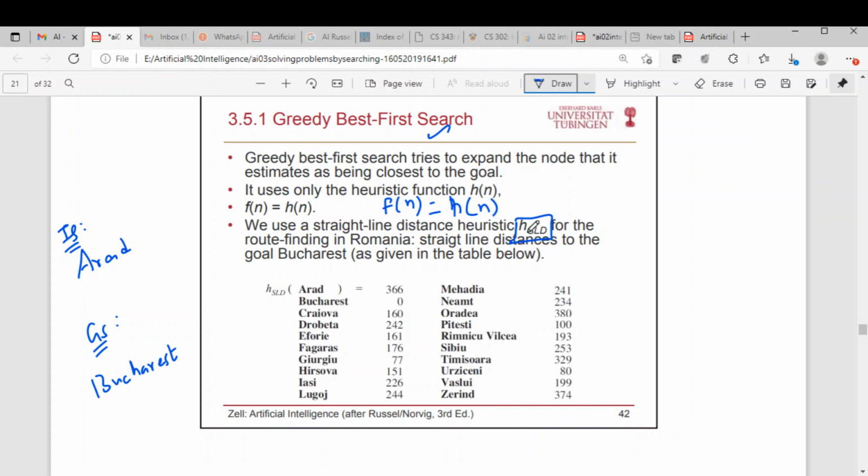So we consider the straight line distance as our estimated h of n, because h of n itself is an estimate of the cheapest cost. It is not the actual cost. Let us assume that somebody already calculated the straight line distance between all these cities, and that is available in some database, and we have taken that.